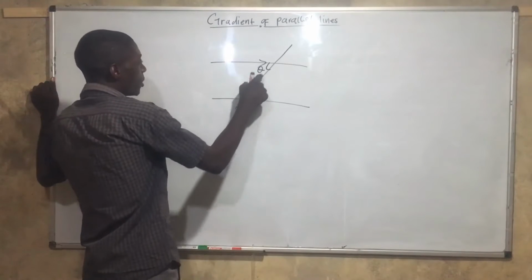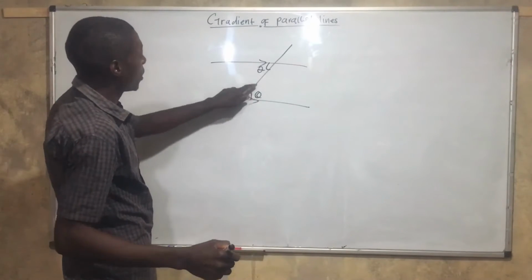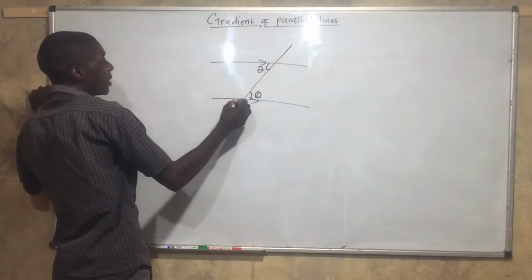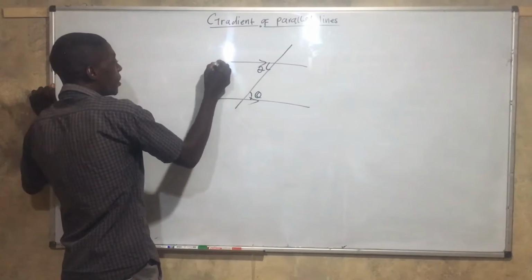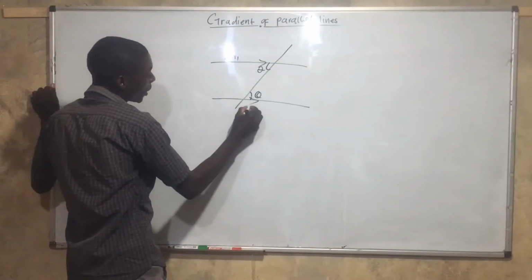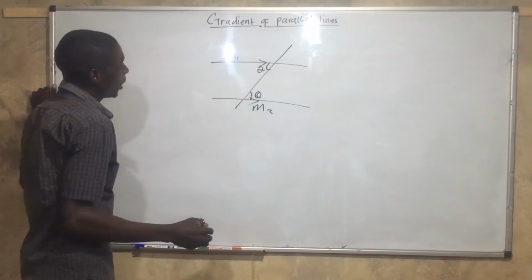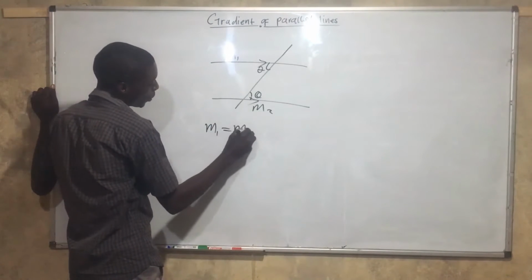These two angles are equal because these are alternate angles. So the relationship to the gradient is that if these two angles are equal, then the gradient of this line, which is m1, is equal to the gradient of this line, which is m2. So under parallel lines, the gradient m1 is equal to the gradient m2.